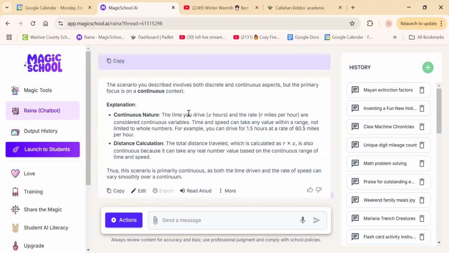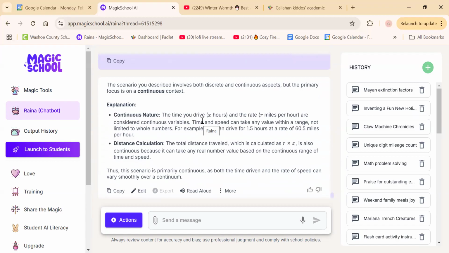It's continuous because the time you drive, X hours, and the rate, R miles, are considered continuous variables. You can drive for 1 hour or you can drive for 1.5 hours, right? For your text, you can't send 1.5 texts. Does that make sense? It's either 1 text or 2 texts, right?